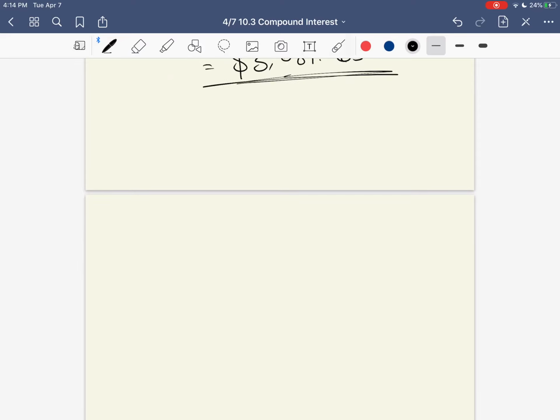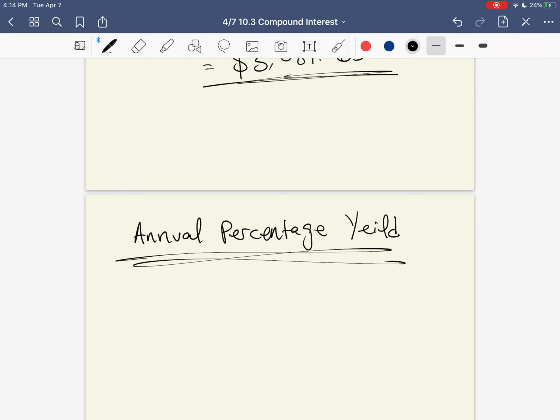And that's on annual percentage yield. So you might see APY instead of APR. They're really very similar numbers.